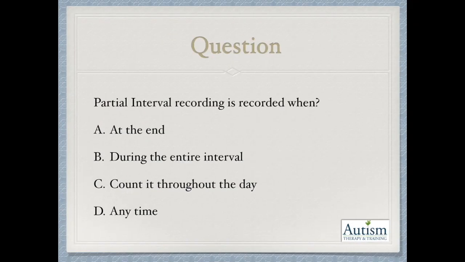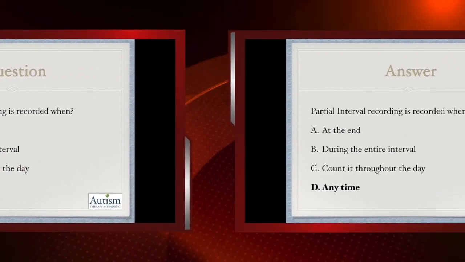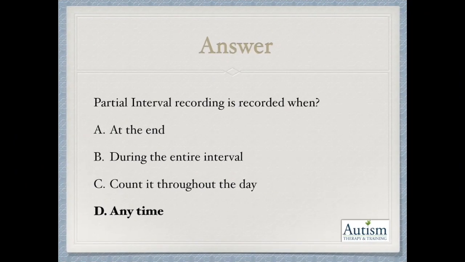Partial interval recording is recorded when? A, at the end, B, during the entire interval, C, counted throughout the day, or D, anytime? And the correct response is D, anytime.